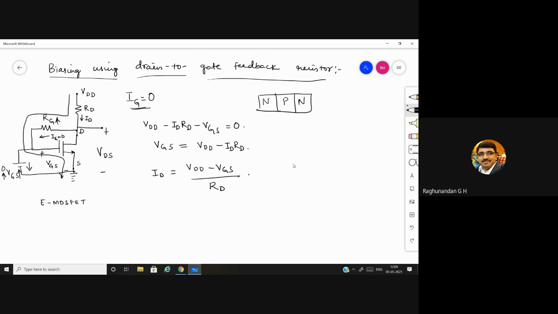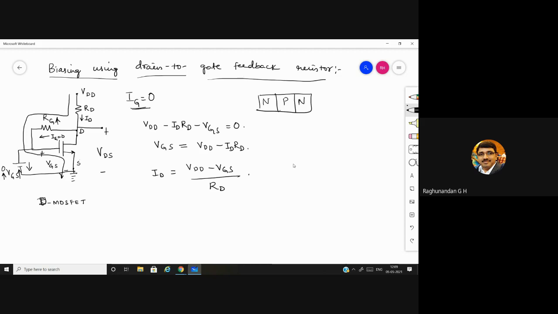It needs some time to create the channel. That is known as the threshold voltage. After that, it starts conducting. Suppose you are considering a depletion MOSFET. Then there is no question of channel creation. The channel is already present. It is physically done in the fabrication process only.